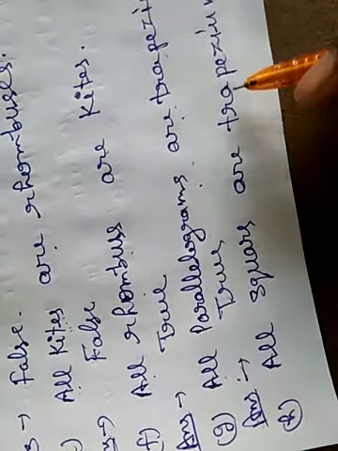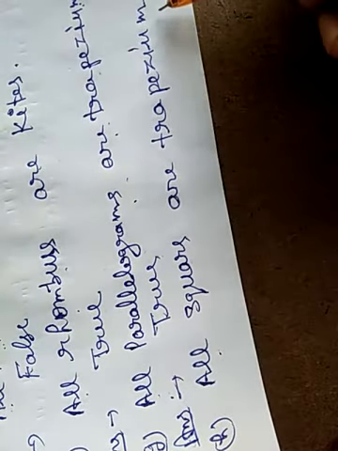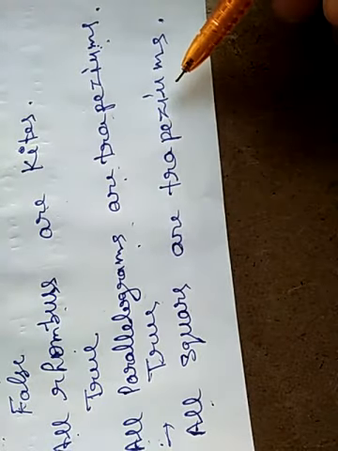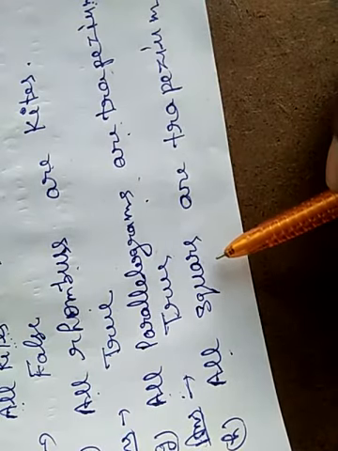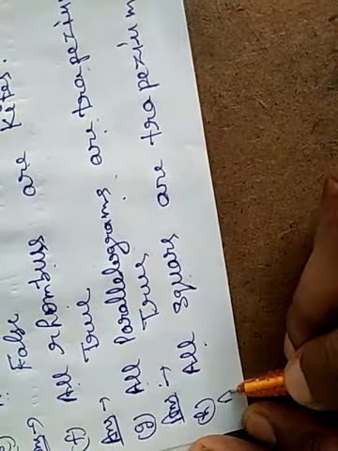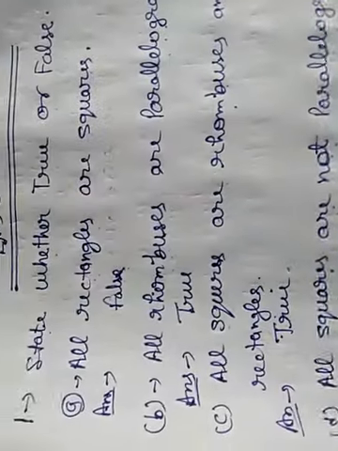And after this, the last part: all squares are trapezium. In a trapezium one pair is parallel, and in a square opposite sides are parallel and equal also. So it is also true.